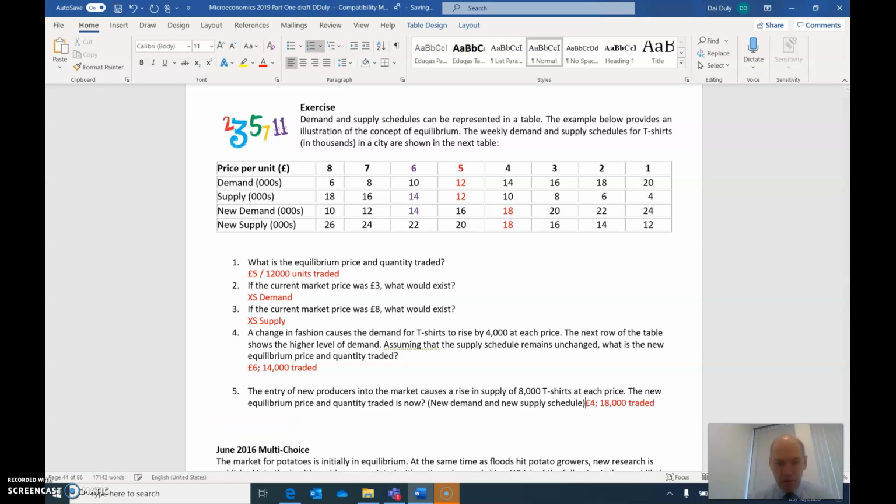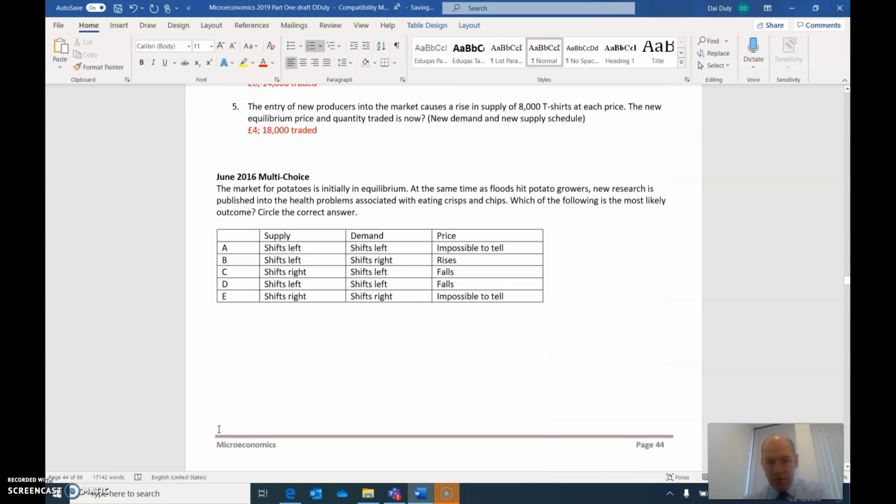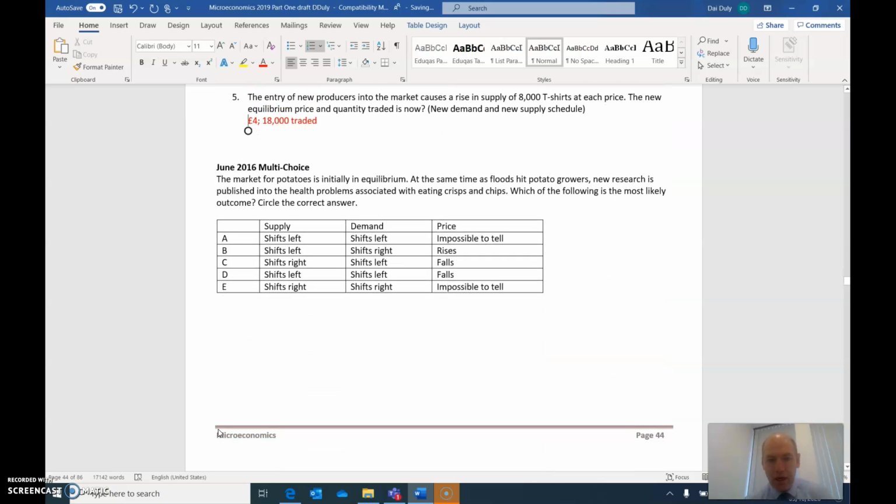The only other question on this page was the multiple choice, and the easiest way to do this is to draw yourself a diagram. Start with 0P, 0Q.